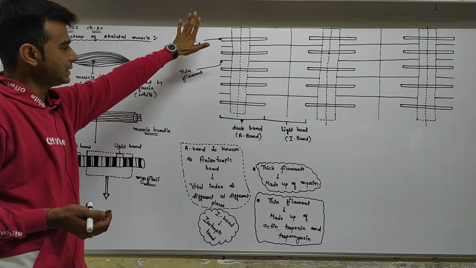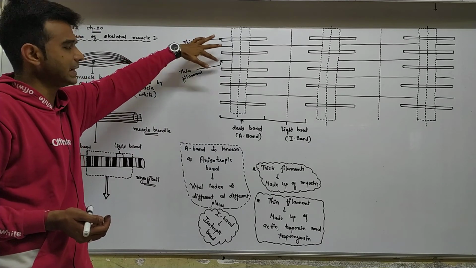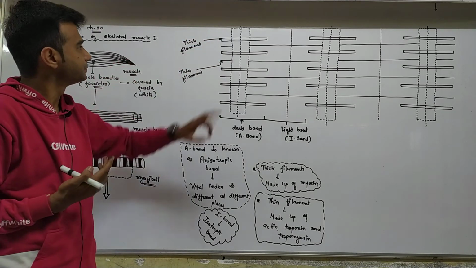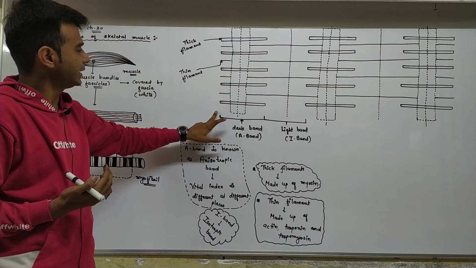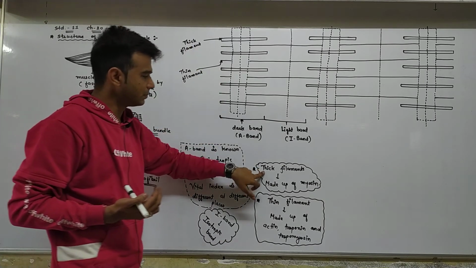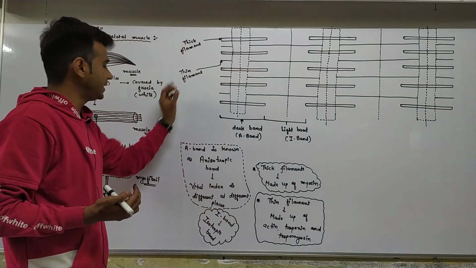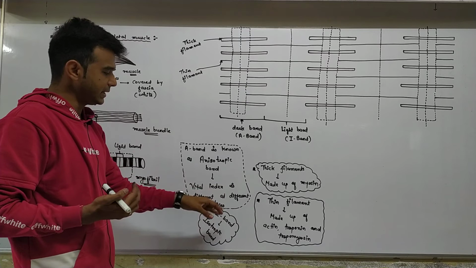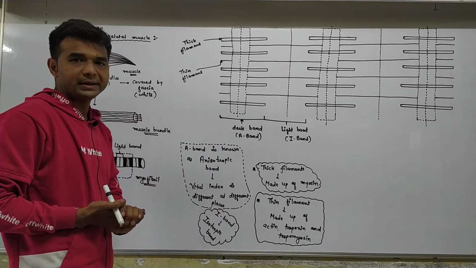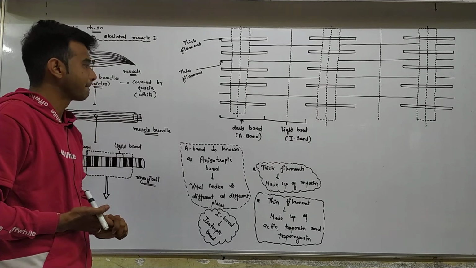Okay, in the dark band alternately thick and thin filaments are there. Fine. So thick filaments are made up of the protein myosin, whereas the thin filament is made up of actin, troponin, and tropomyosin.